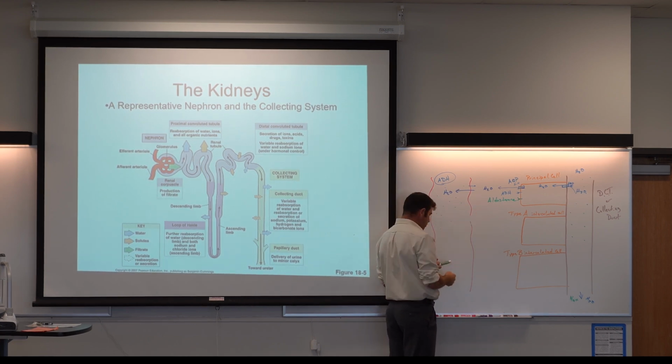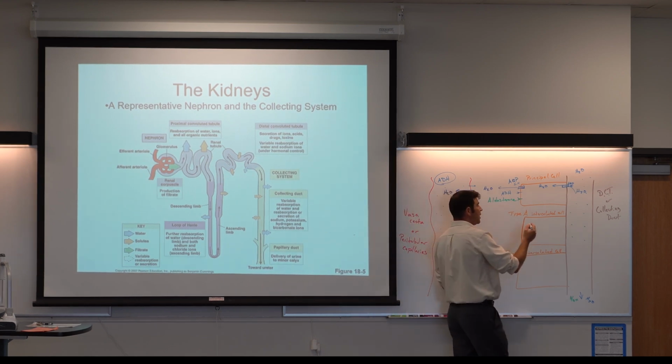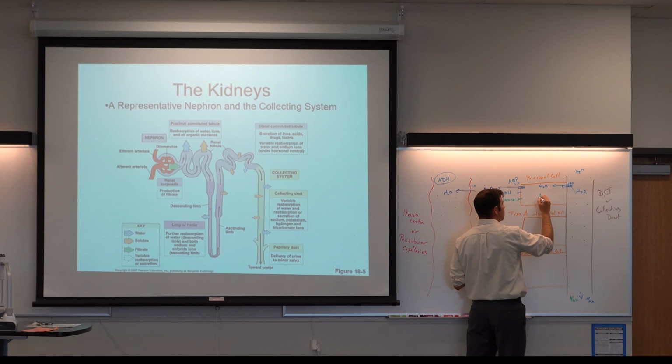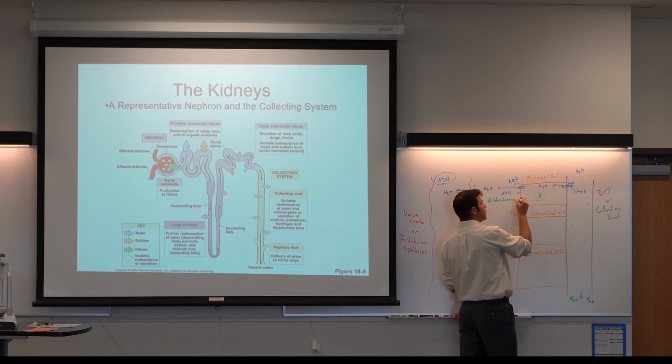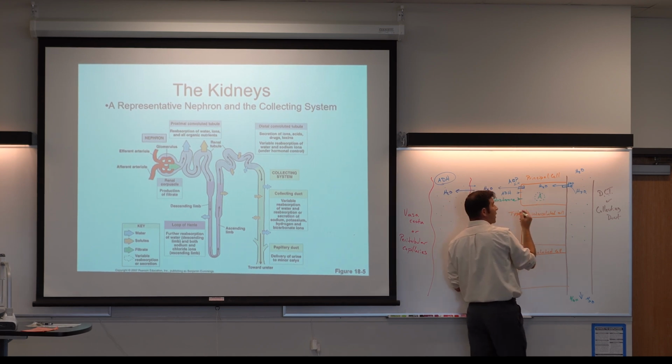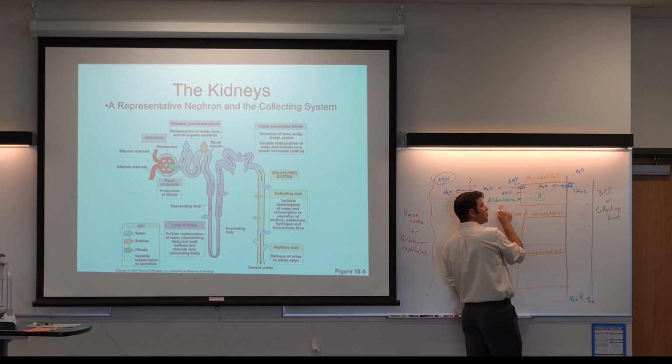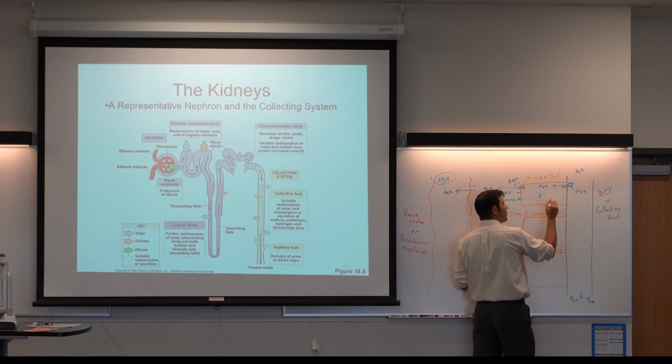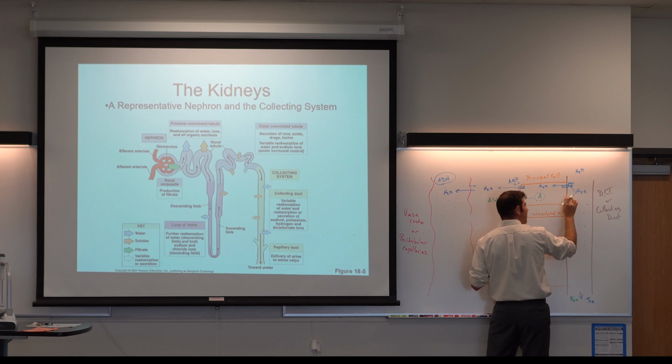We said aldosterone is also a hormone that affects these principal cells. And there is an aldosterone receptor that, if triggered, is going to activate this aldosterone channel. Another cascade event happens if aldosterone is present on this receptor that's going to lead to this aldosterone channel being embedded on the tubal side of this cell.